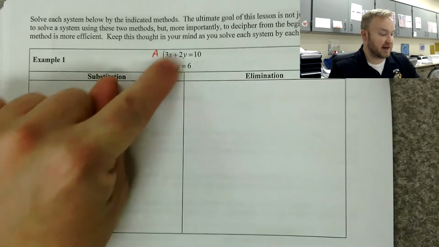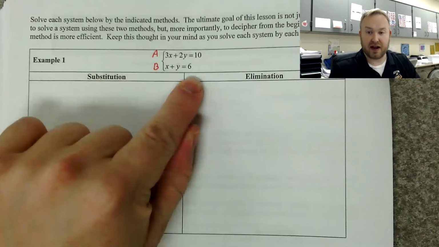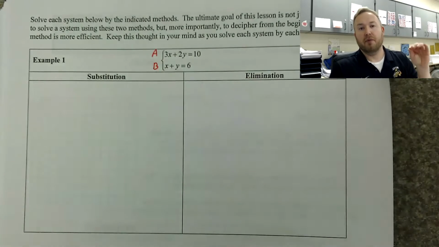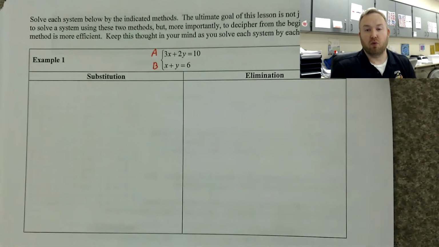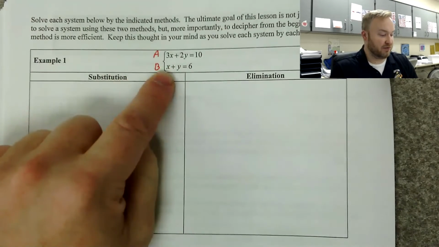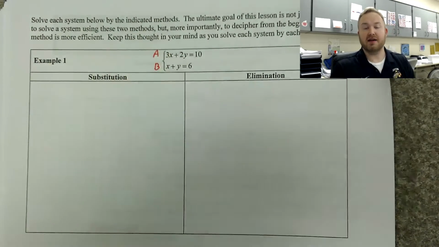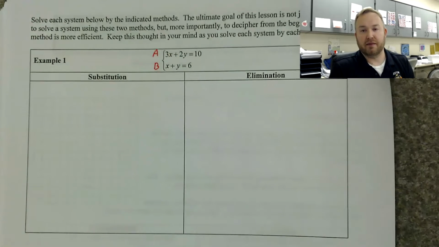So I can add the x's, I can add the y's, I can add the constants. That's legal. But when I do that, I want one of the variables to be eliminated. See how that works? You want to have one of the variables be eliminated. Right now, that wouldn't happen. I would get 4 x's and 3 y's. One of the variables was not eliminated.